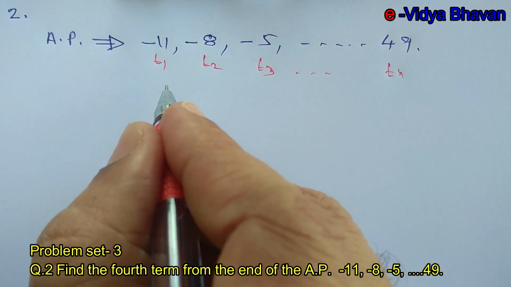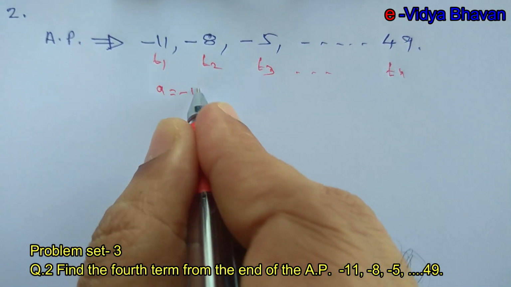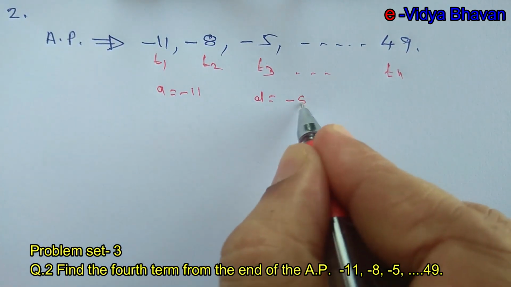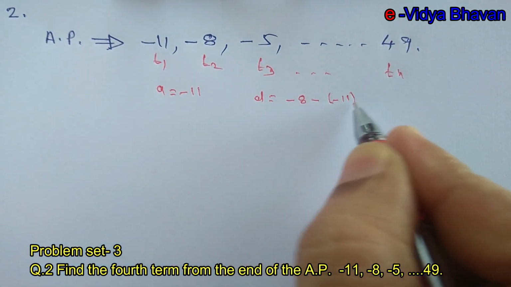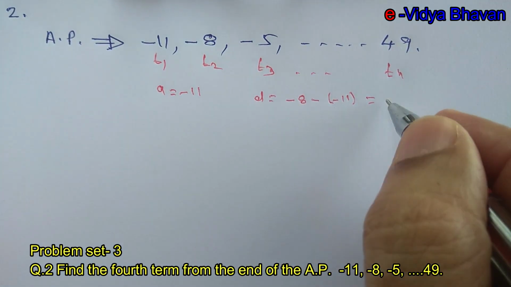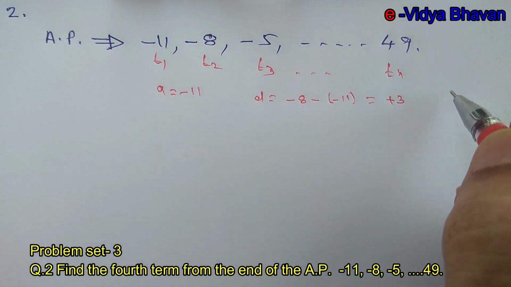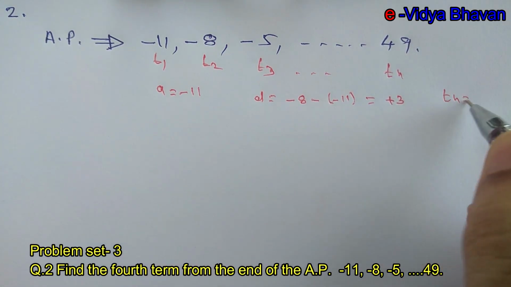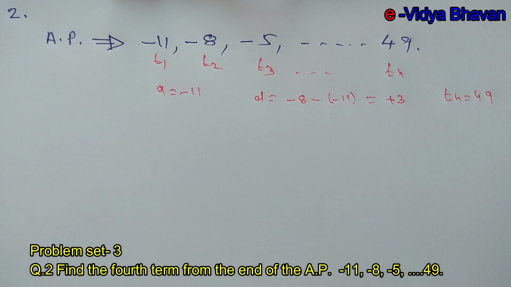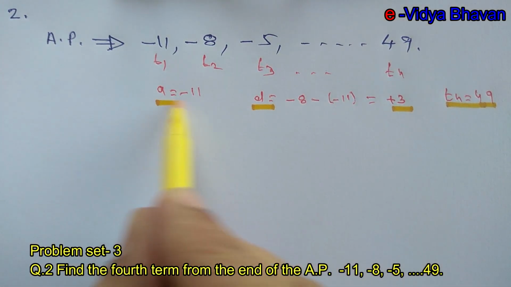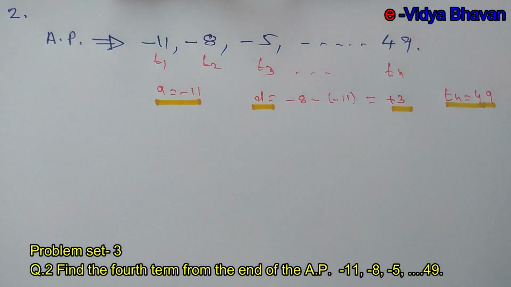So here A is minus 11 and D is T2 minus T1, that is minus 8 minus of minus 11, that is plus 3, and 49 will be the nth term, Tn. So we know the three values: we know Tn, we know D is 3, we know A is minus 11.